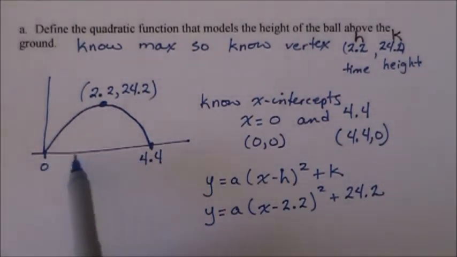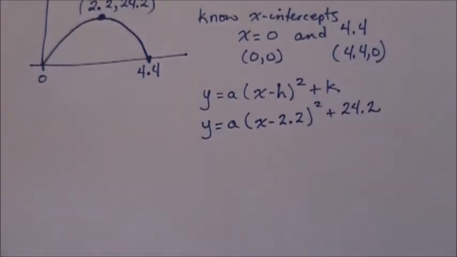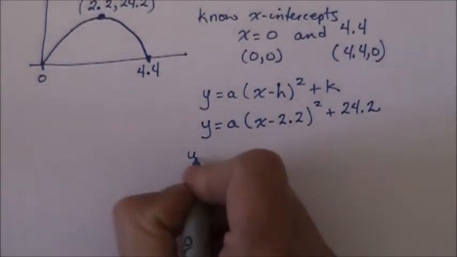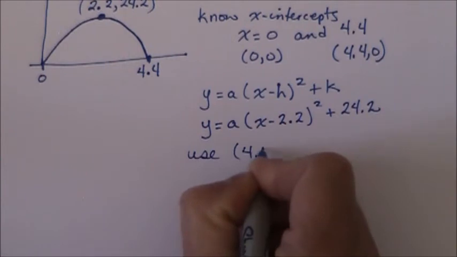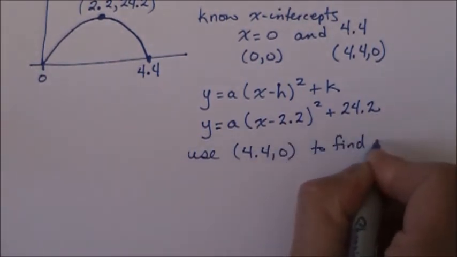Now in order to find a, we are going to need to use another point on our graph. We had 2 of them. Doesn't matter which one you use. I'm going to use the 4.4 x-intercept. So when I go to solve this one, I'm going to use (4.4, 0) to find a.